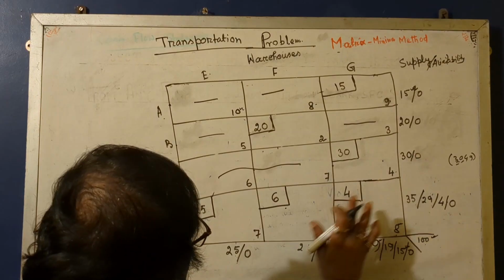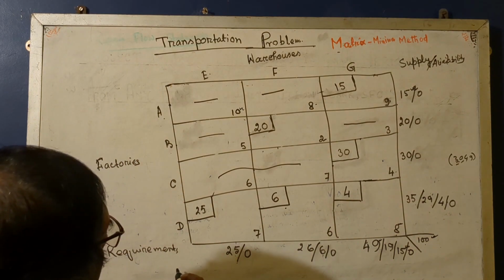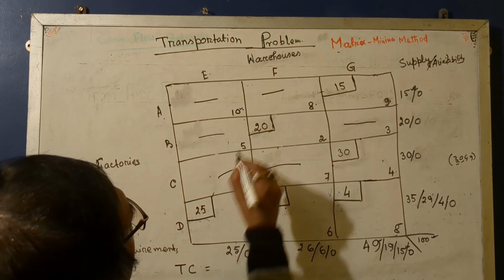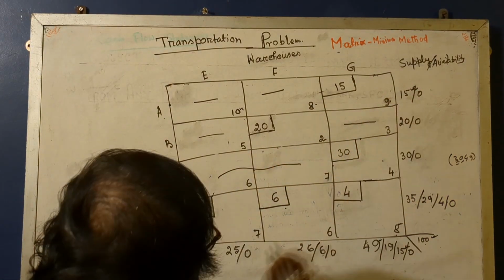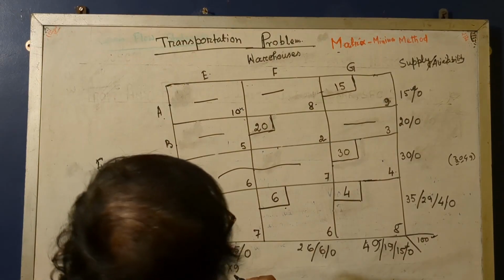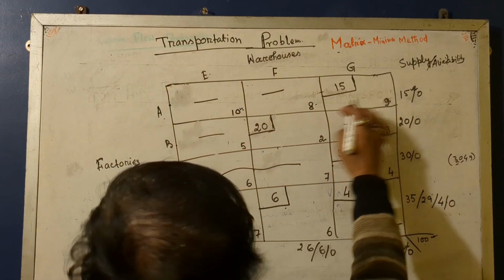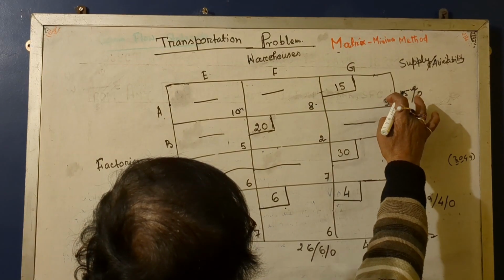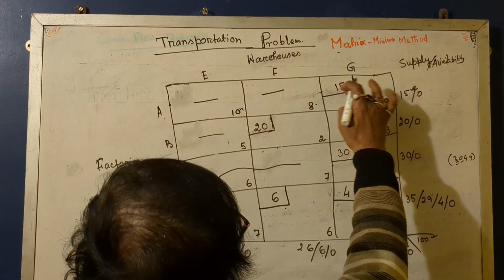At this initial stage, what will be the transportation cost? The transportation cost will be equal to 15 into 9, because for shifting one unit from this source to this warehouse, the per unit cost is 9, and you are shifting 15 units.